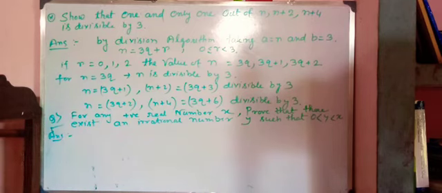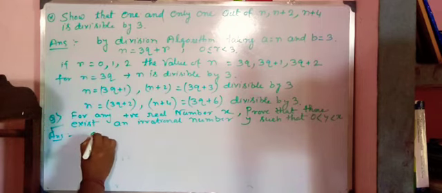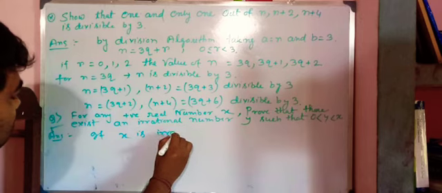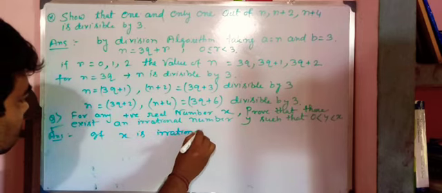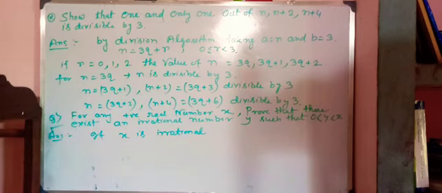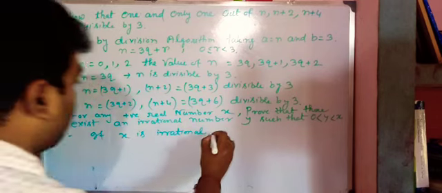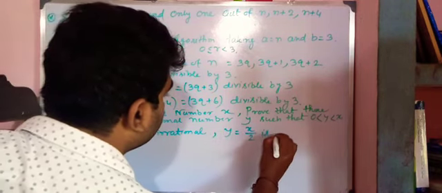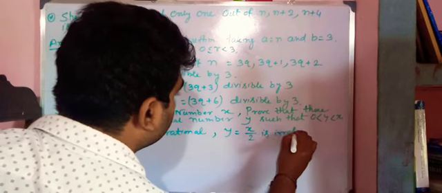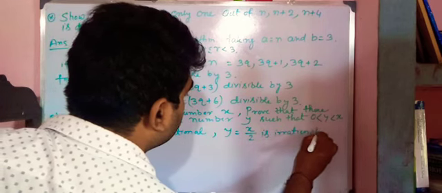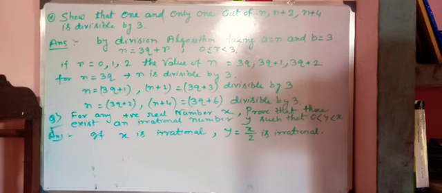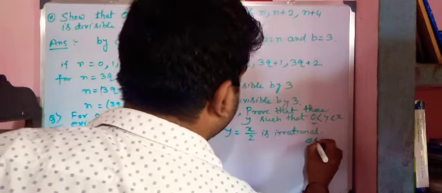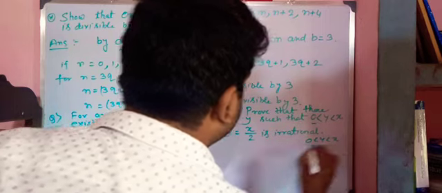If x is an irrational number, then y equal to x by 2 is irrational, and obviously 0 less than y less than x.